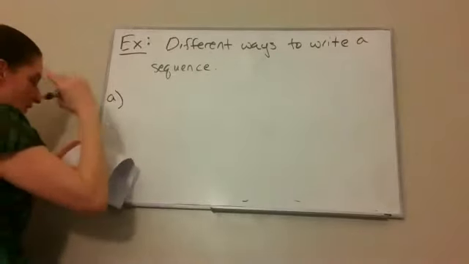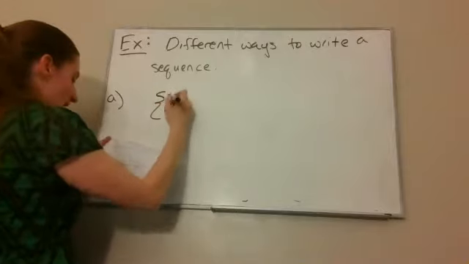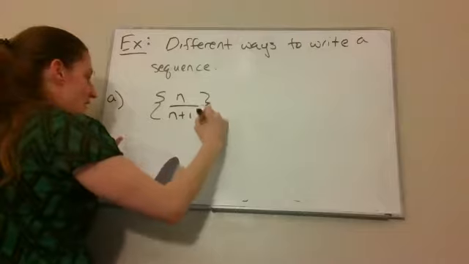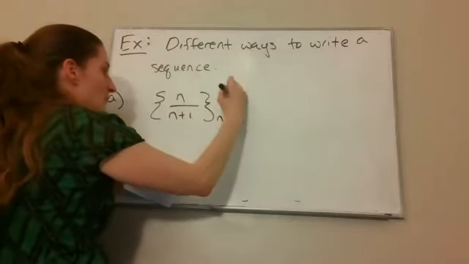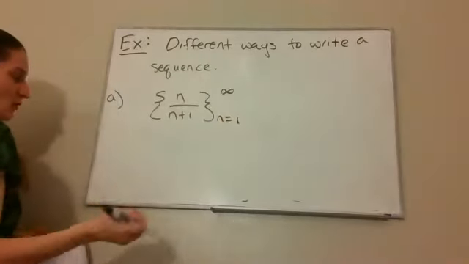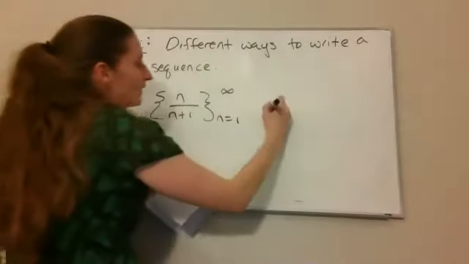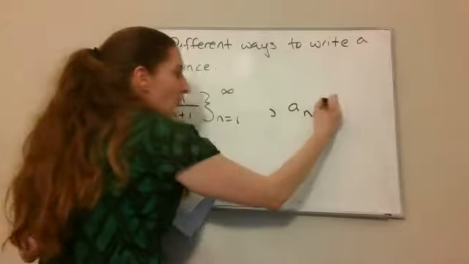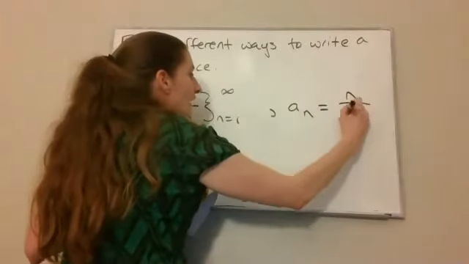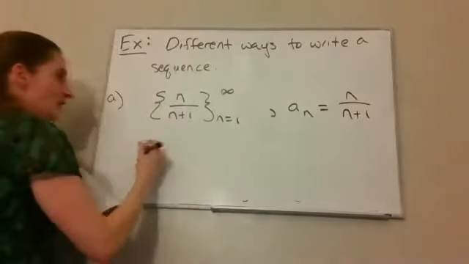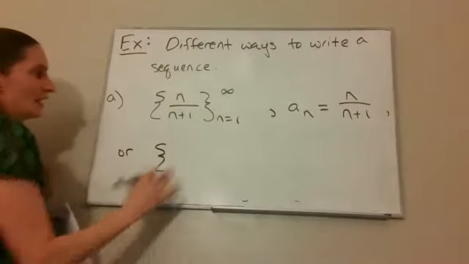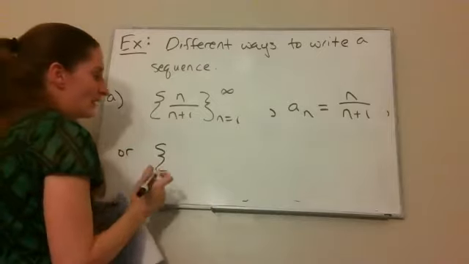So my first example, I'm going to have n over n plus 1 when n is 1 to infinity. So that's one way of writing a particular sequence. We could also just specify that my nth term is equal to n over n plus 1. Or I could write the same sequence by just plugging in various values for n and seeing what I get.